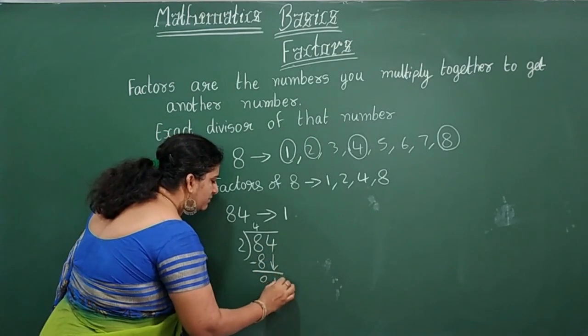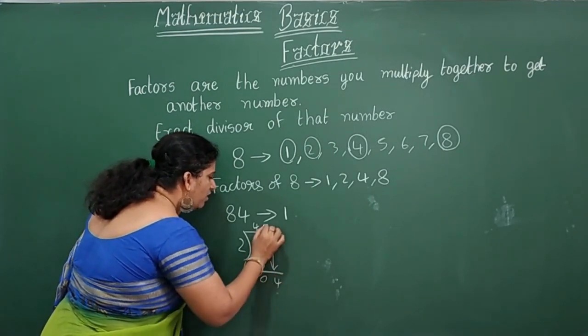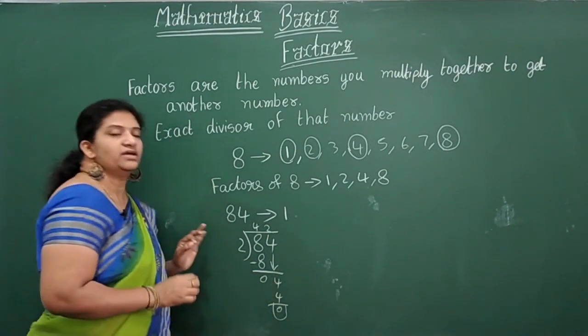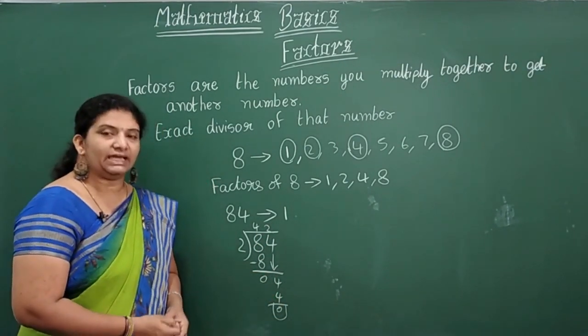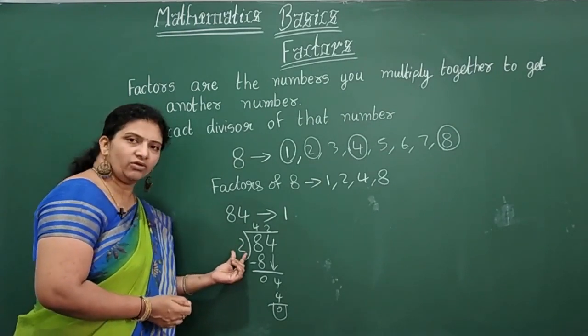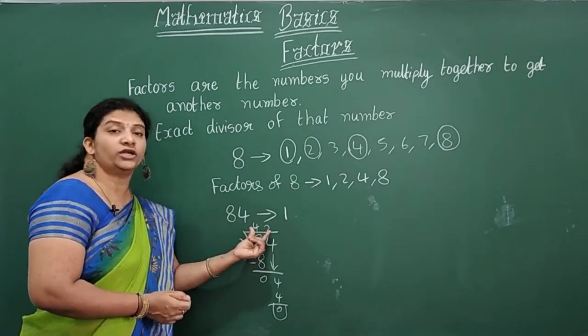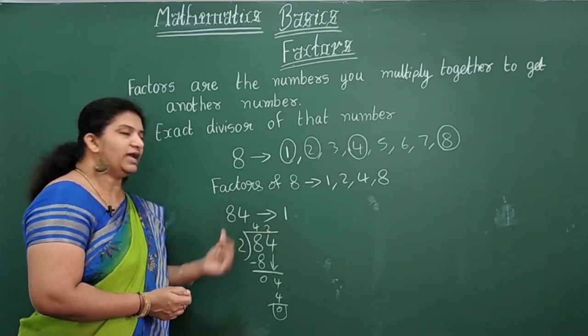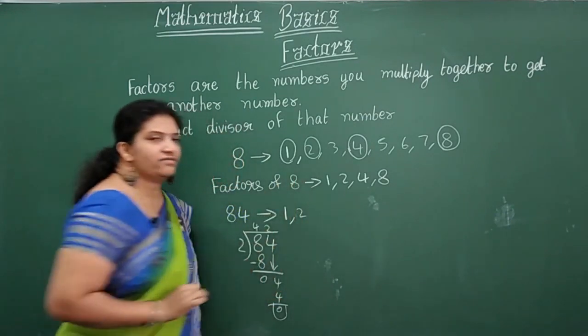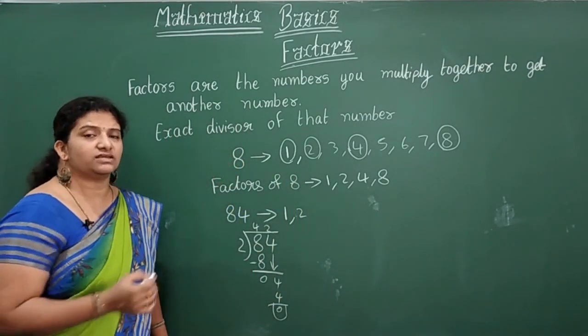Then drag this number down. 2 2s are 4. So what happened here? If you get exactly 0 as the remainder, then it is a factor. See, in the 2 table, where do you get this? 42 times 2, you will get 84. So I will write it here. 2 is a factor.